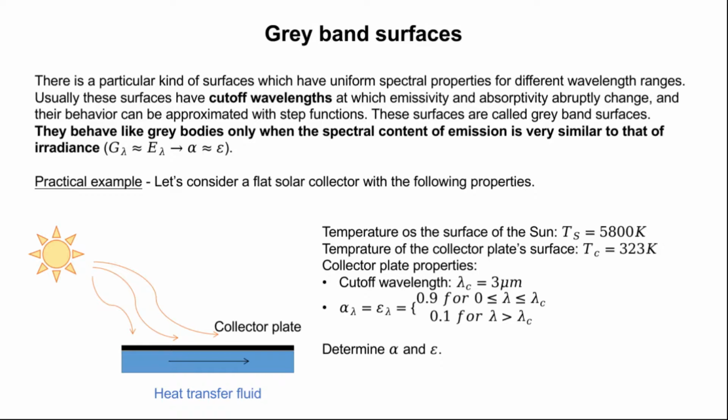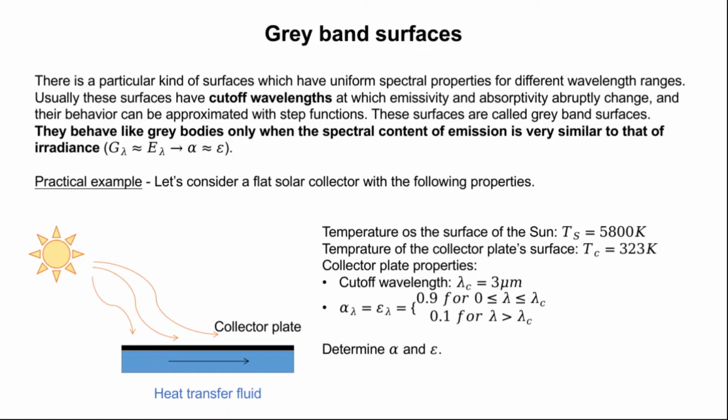To understand why these surface properties are important, let's see a practical example. Let's consider a flat solar collector, which is made of a very dark plate exposed to the sun, usually protected by a layer of glass to avoid heat losses, and a heat transfer fluid brings the heat from the plate to some utilities.